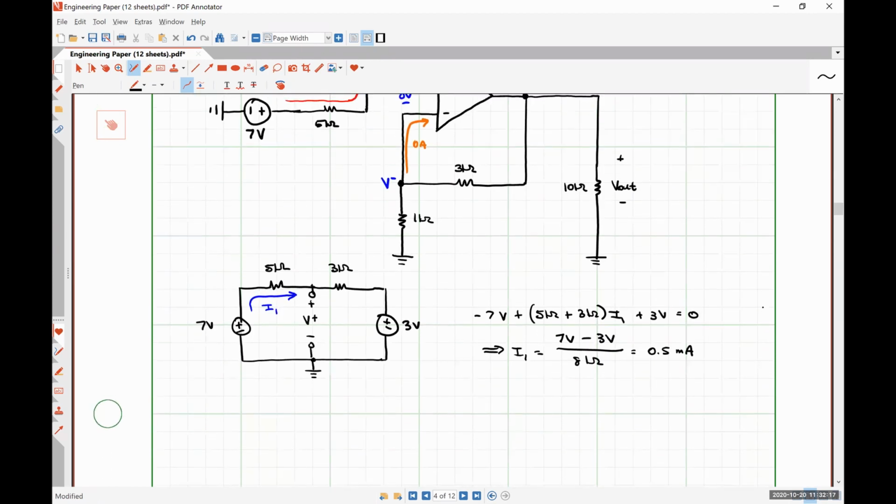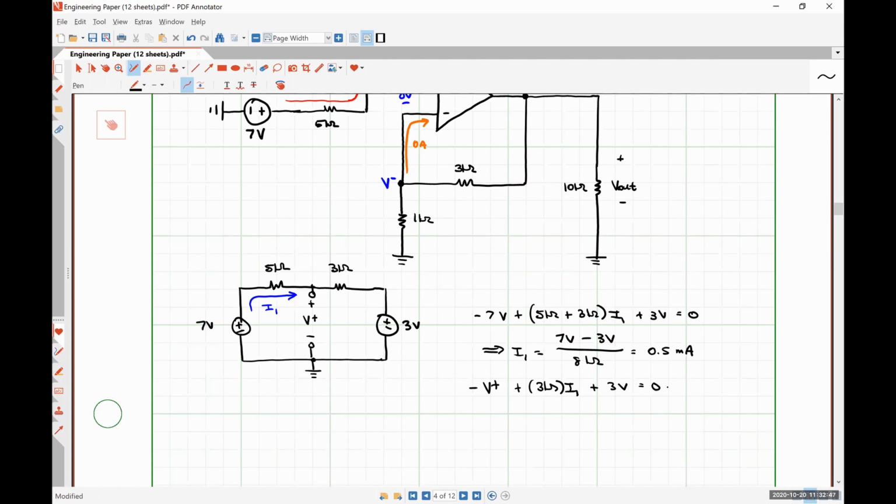We can use this and write another Kirchhoff's voltage law loop that says negative V plus 3 kilo ohms times I1 plus 3 volts is equal to 0.